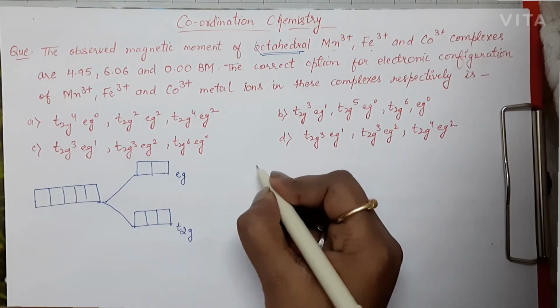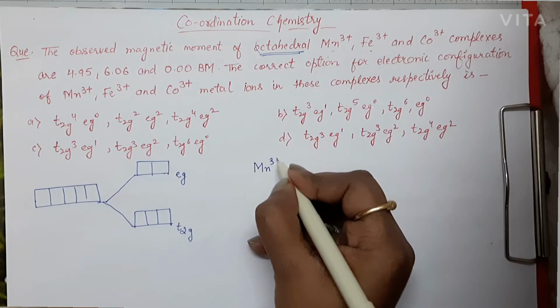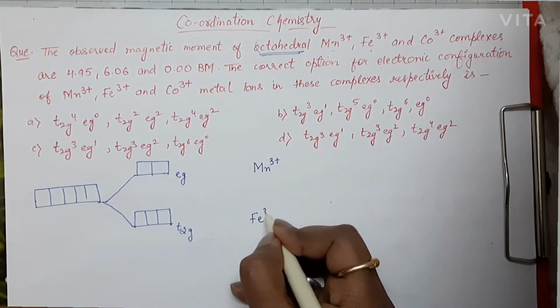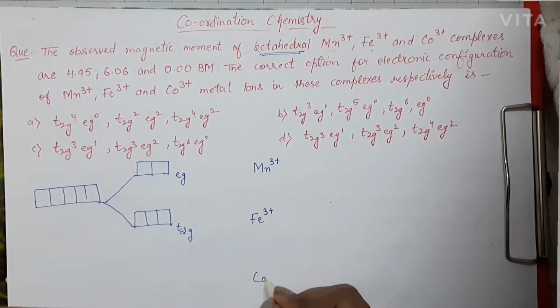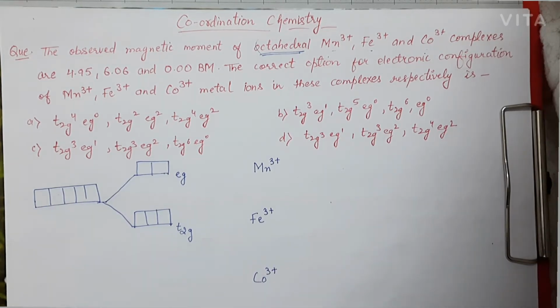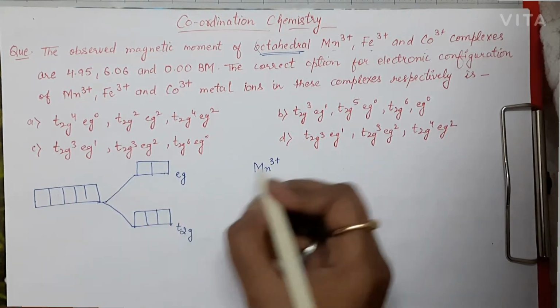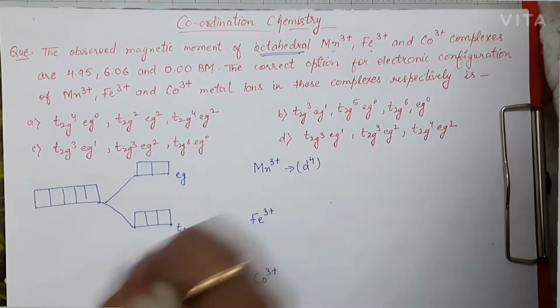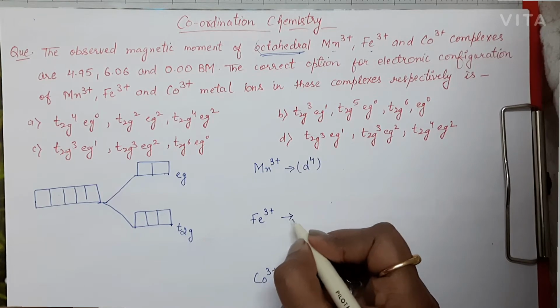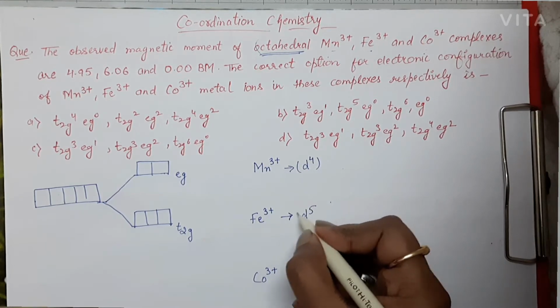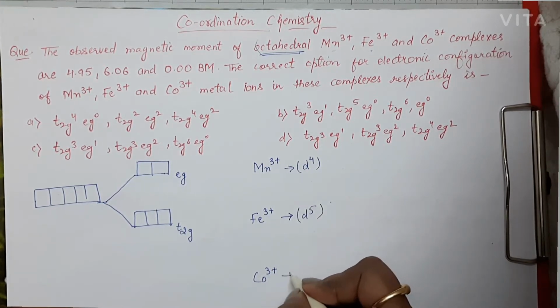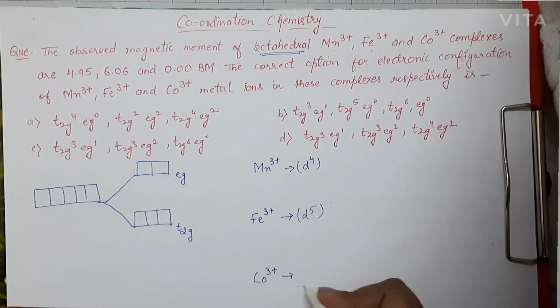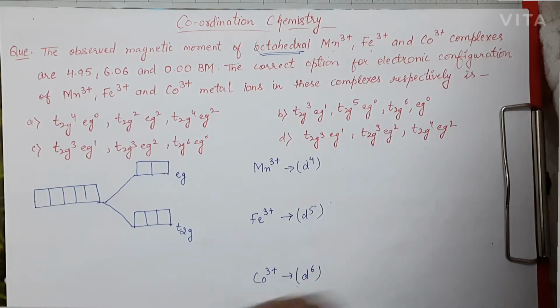Now they have given Mn3+, Fe3+ and Co3+. If we look at Mn3+, it is having d4 configuration. Fe3+ is having d5 electronic configuration, and Co3+ is having d6 electronic configuration. So these are the d electronic configurations.